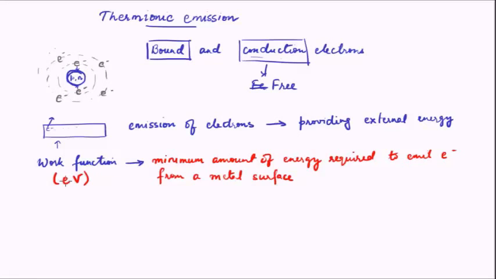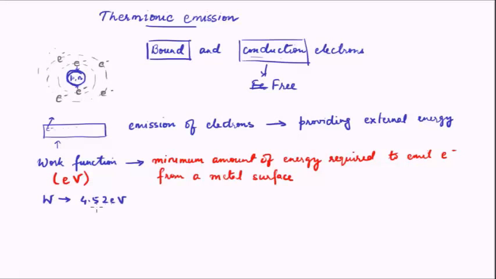And as an example, I will show you a couple of elements' work functions. Tungsten, for example, is 4.52 electron volts. So for an electron from a tungsten body to be emitted, it requires 4.52 electron volts.